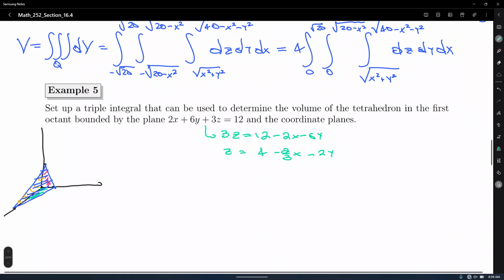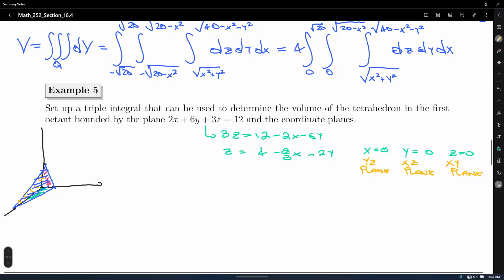So what else do we need? x equals 0, y equals 0, and z equals 0. Let me label this. This is the yz plane, this is the xz plane, and this is the xy plane.